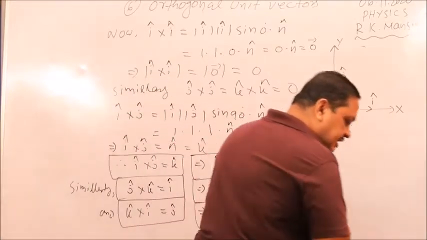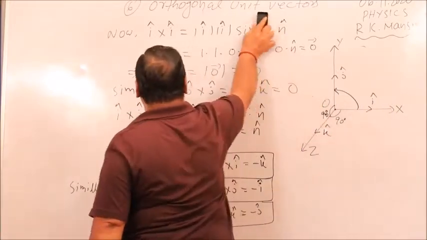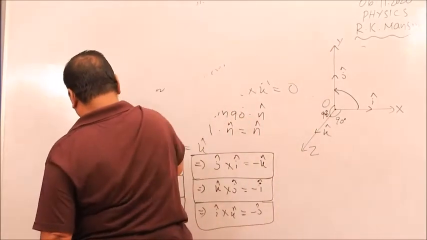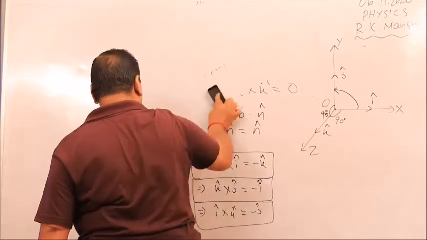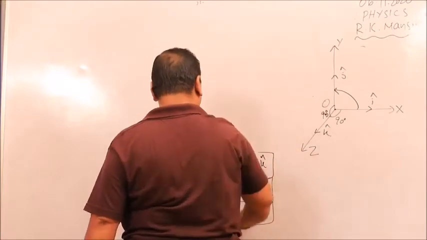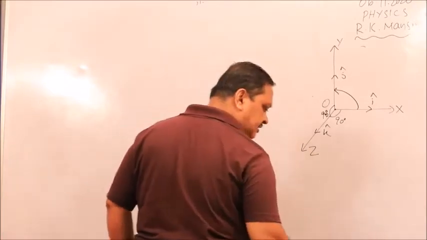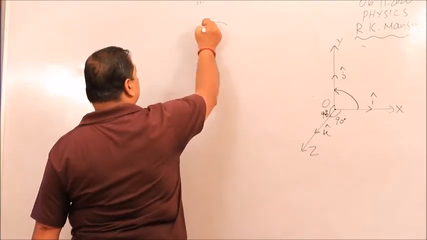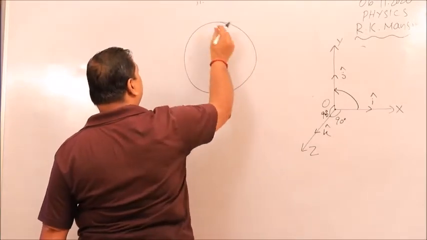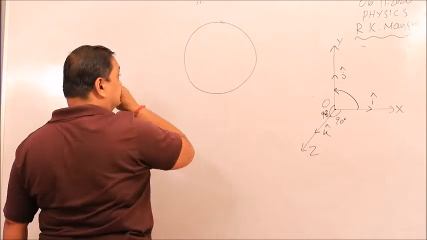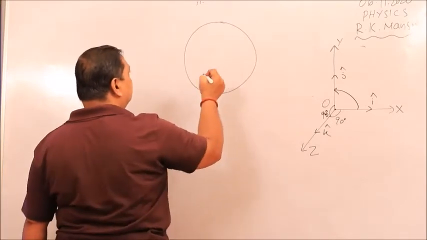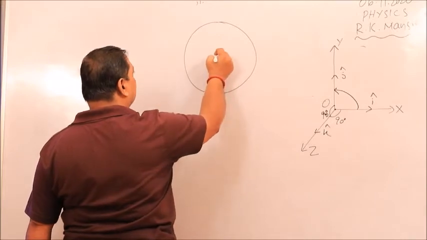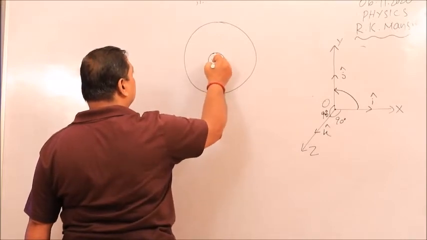So there is a formula to remember the values of two different orthogonal unit vectors. There is a cycle. You just remember this figure, then you can find the cross product between two different orthogonal unit vectors.